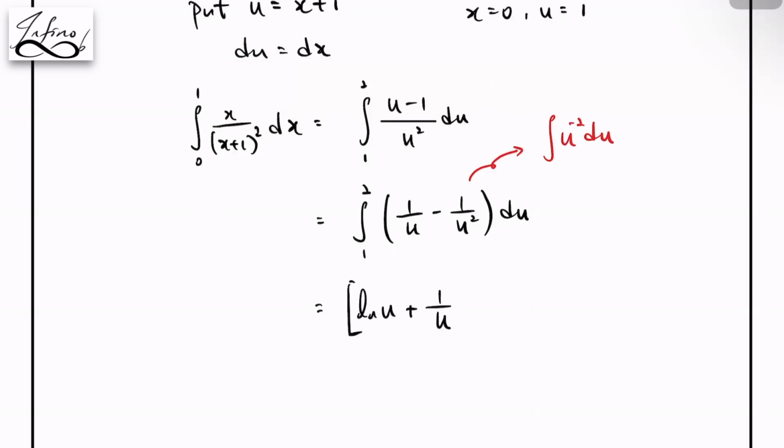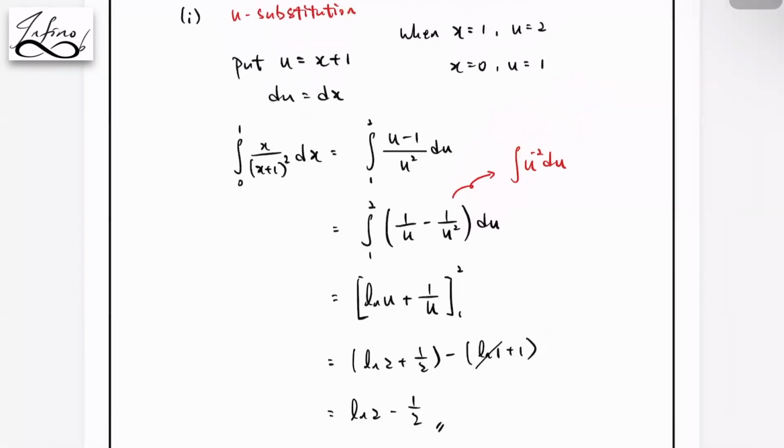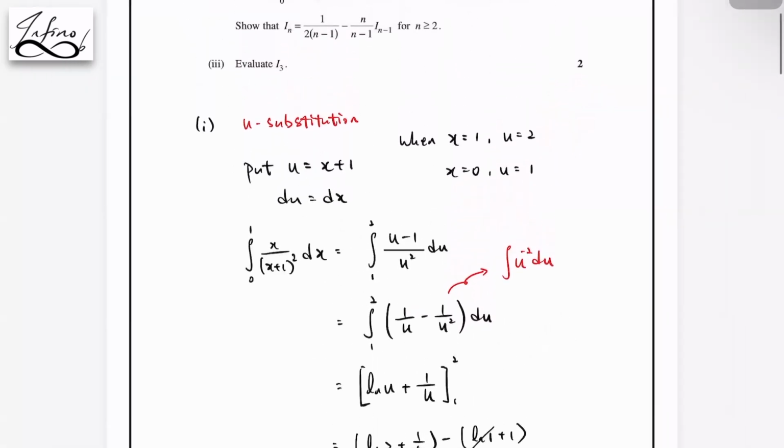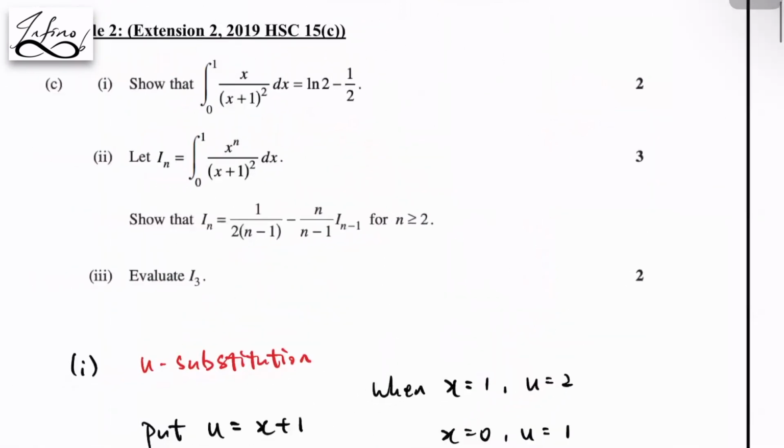Evaluating from 1 to 2, this is ln 2 plus 1/2 minus (ln 1 plus 1). ln 1 is 0, and that's why the final answer is just ln 2 minus 1/2. So that's part 1, 2 marks. Shouldn't be too hard.